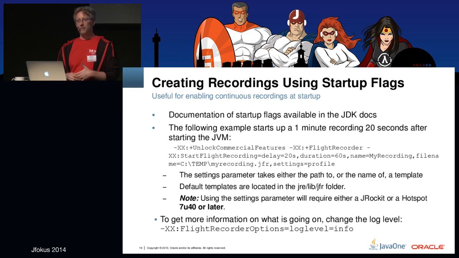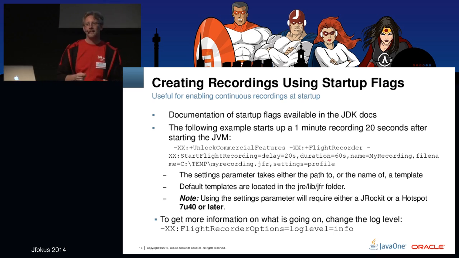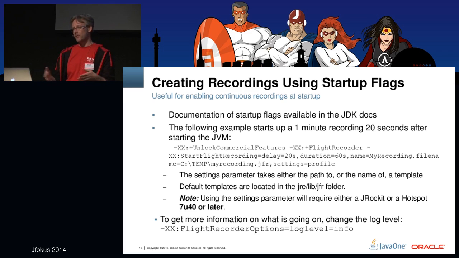There are means that you can customize and control what actually gets recorded. There are 2 different templates available from the start. You have one called default, I think, and one called profile, and they're both in the JFR folder. One improvement compared to JRockit is that the Mission Control client and the server-side part are now using the same template format.